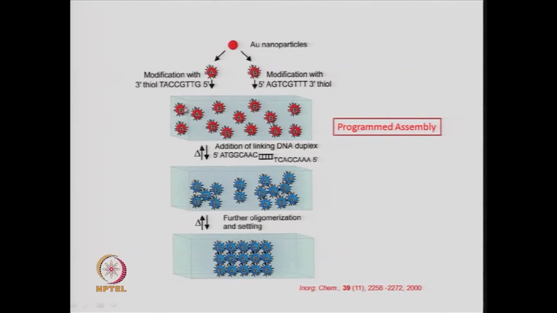What is written as A is basically a gold particle modified by this oligomer of bases, and it has the 5 prime free, because on the 3 prime side is the thiol, and that thiol gets bound to the surface of the A particle.